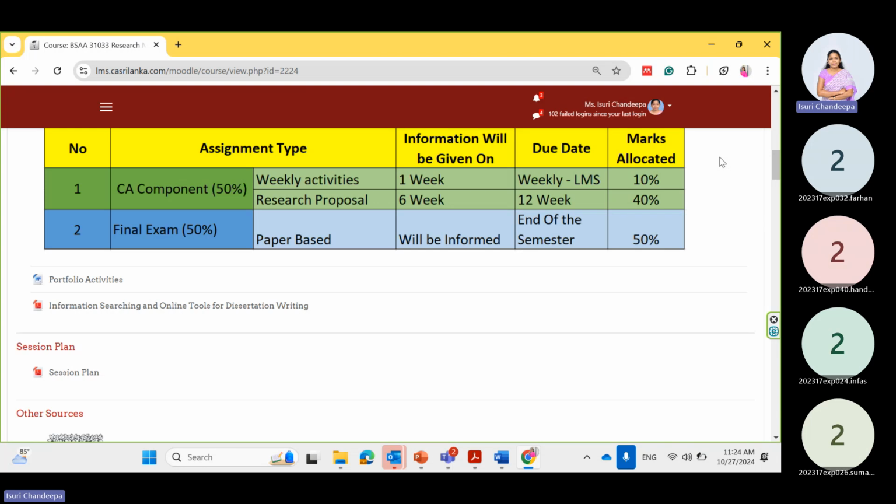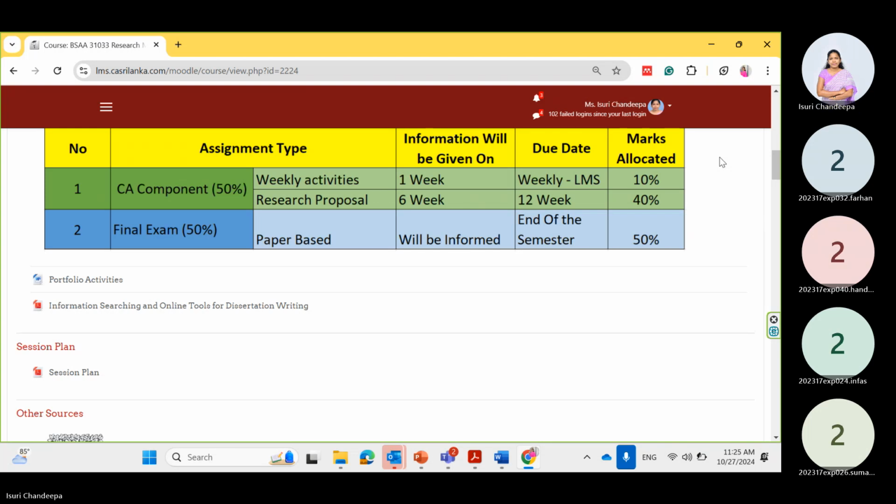Within this 50%, 10 marks are allocated for portfolio activities. There are 5 portfolio activities, 2 marks for each, total 10 marks.